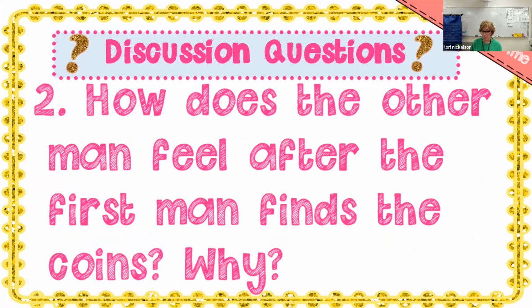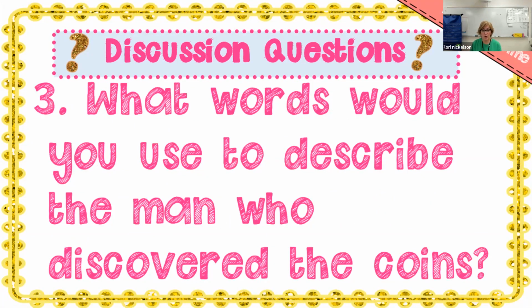Well, he wanted to share them, right? Because they were together. So he assumed that, since we're together, we can share it. But that other man did not want to, did he? Nope, he wanted to keep them to himself. So what words would you use to describe the man who discovered the coins? He was kind of selfish and greedy, wasn't he? Because he didn't want to share.